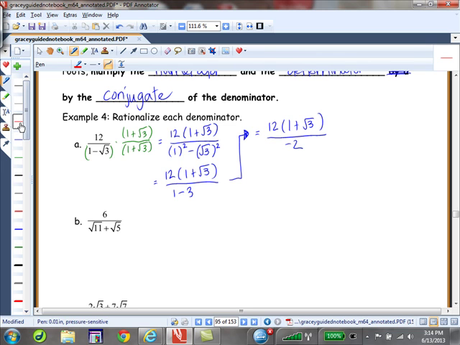So we can divide out part of that negative 2. We'll have negative 6 times 1 plus root 3. And then if we were to multiply it out, we would have negative 6 minus 6 times root 3. So we have rationalized the denominator.